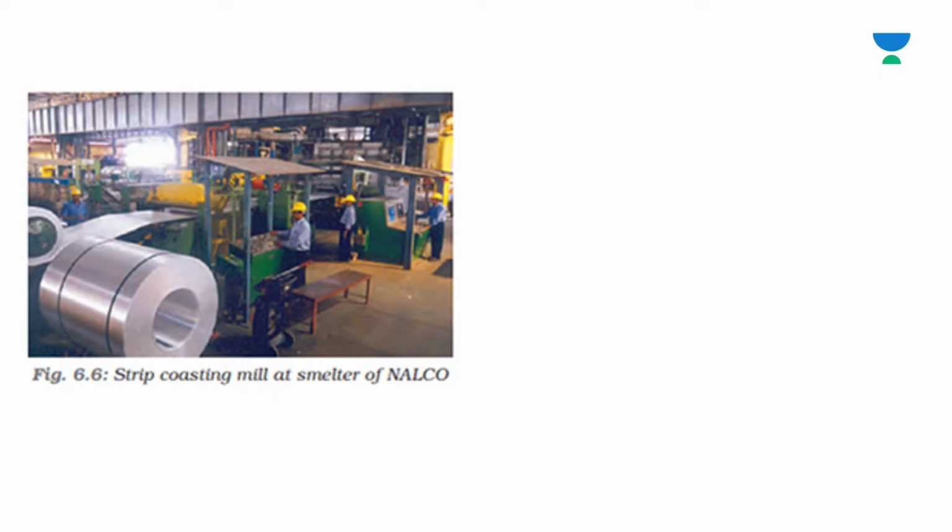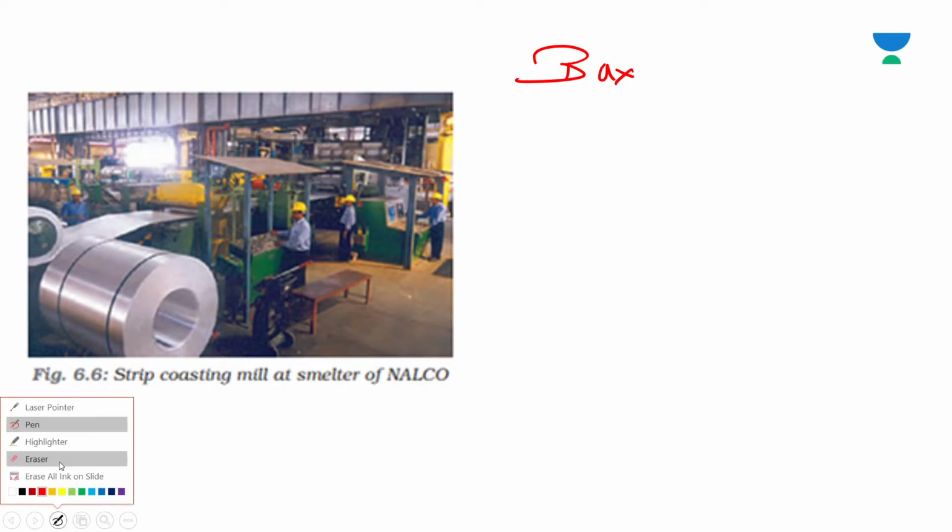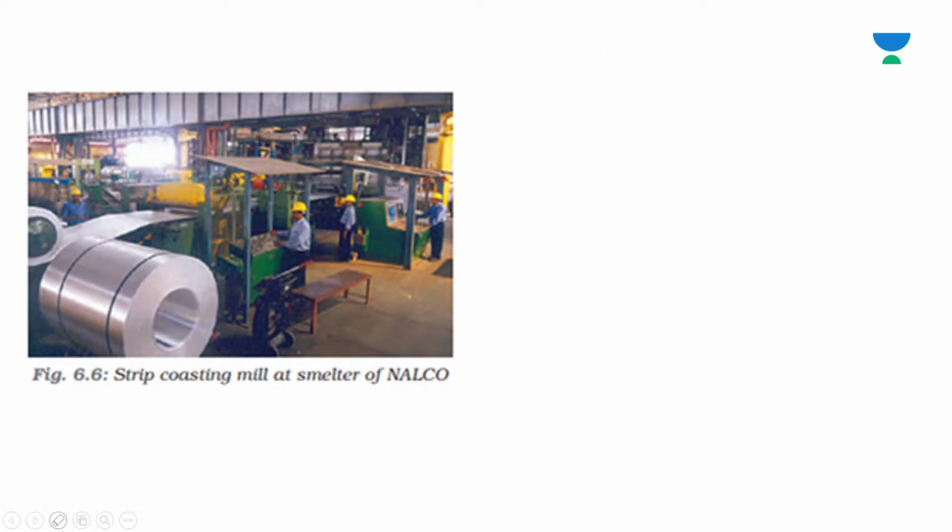Now, bauxite. So the flow chart given below is showing the aluminum manufacturing.